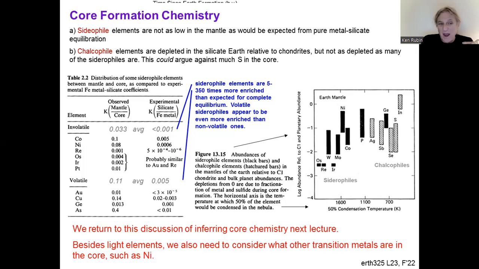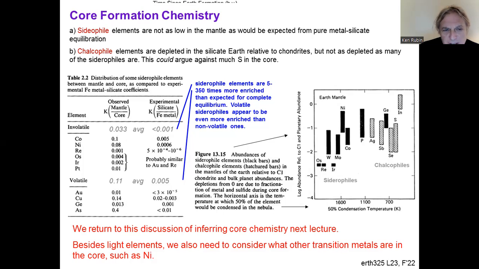Then we can compare those proportions for both the very involatile and the only mildly volatile elements across that range of siderophilicity and chalcophilicity, and infer what the conditions must have been like. The diagram on the right side shows you condensation temperature, as well as the relative abundance between C1 chondrites and what we think is in the silicate earth.